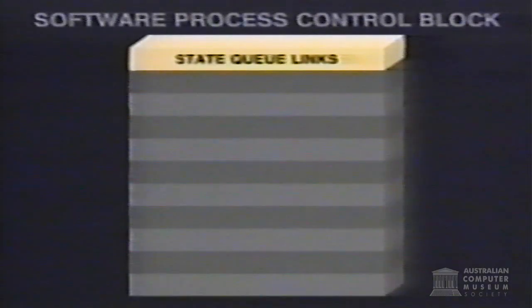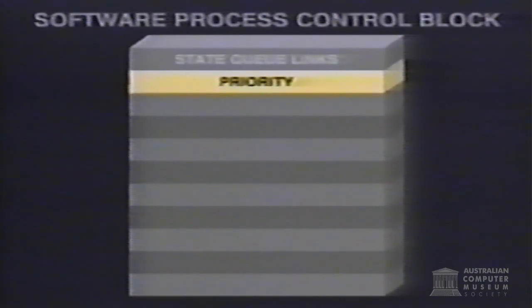Now we'll describe some of the information related to scheduling which is included in the software PCB. State queue links connect the PCB to other PCBs in the same queue. One link points forward to the next PCB toward the head of the queue, and the other link points back to the next PCB toward the end of the queue. The priority is a numerical value associated with the process. As we've seen, the priority level is a major factor in when the process is scheduled.